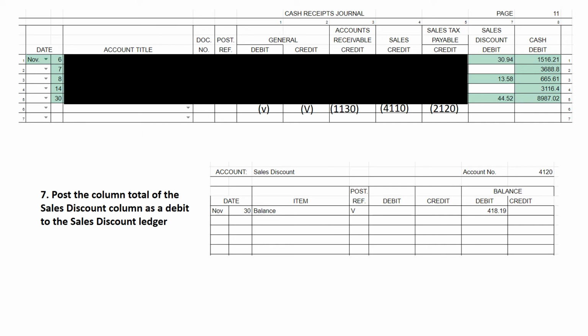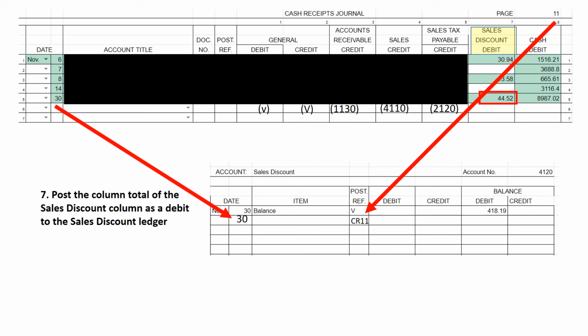Continuing on, second verse, same as the first, and just a little more rehearsed, or something like that. So we take my sales discount debit. Now I'm going to be posting that column total. And again, we're going to take that 4452. The date is the 30th. Okay. The post reference is CR11. Now this is a 4452 debit because in the yellow box, it says that it's a debit. So I'm going to debit that to 4452.